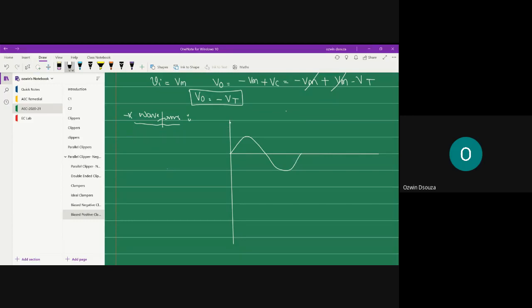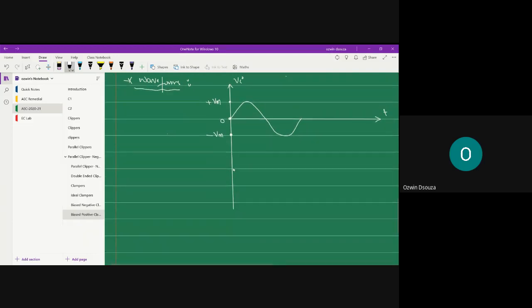So that's your input, Vi, the time axis, 0, plus Vm and minus Vm. Okay, fine. Now let us sketch the output.